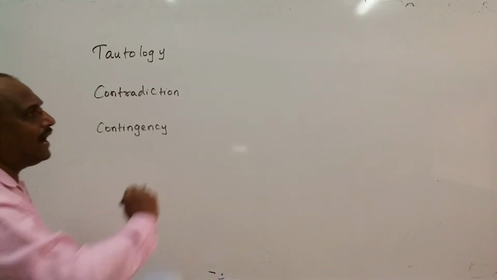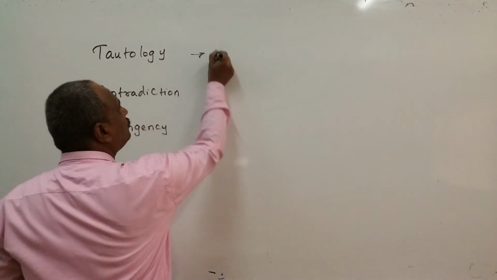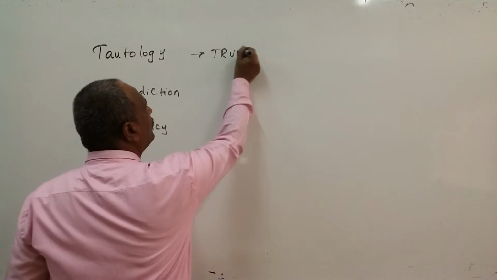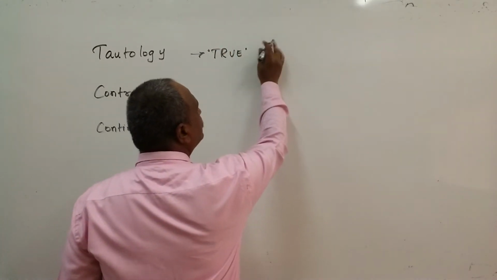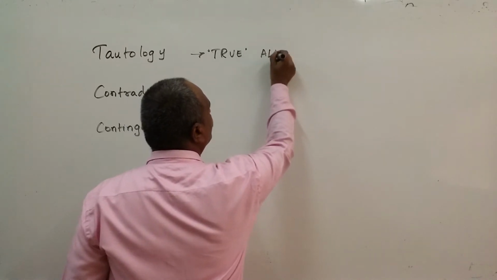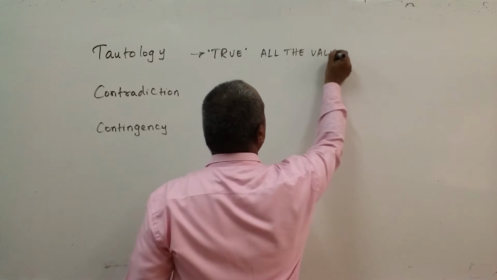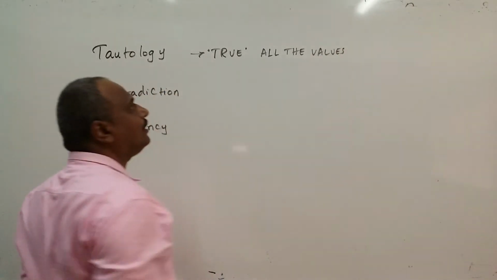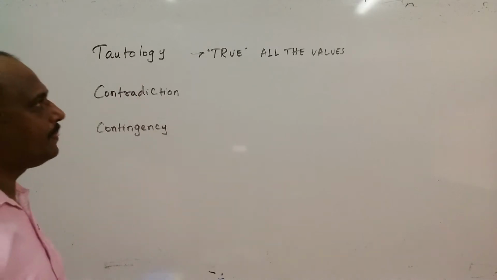When all the values in the final output are true, then it is called a tautology.